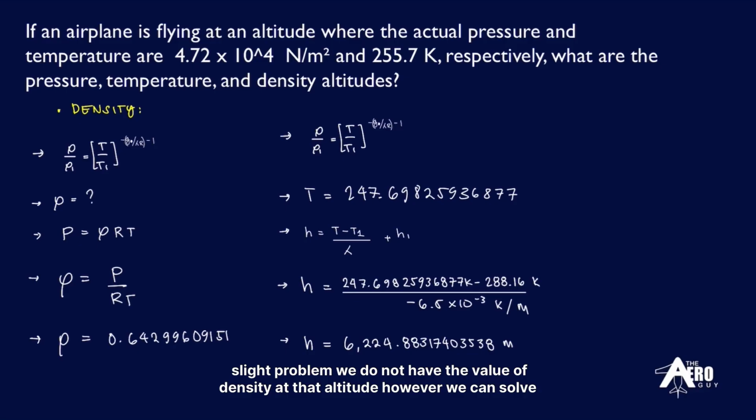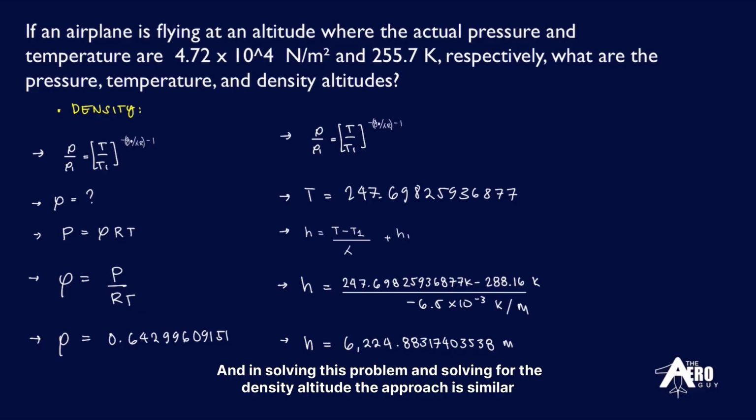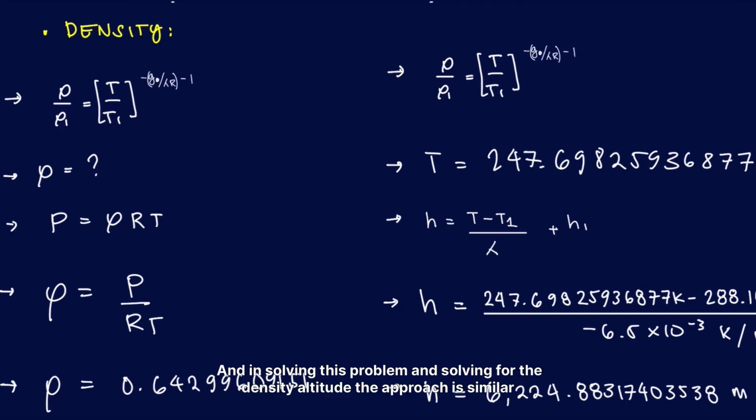And solving for density altitude, there is one slight problem. We do not have the value of density at that altitude. However, we can solve for that using the formula we know as the equation of state. In solving for the density altitude, the approach is similar to solving for the pressure altitude.